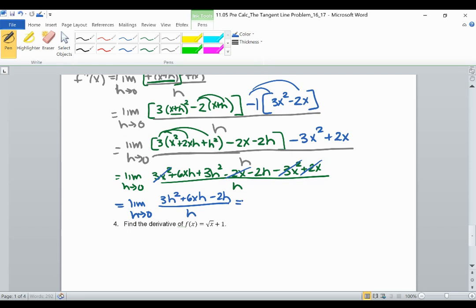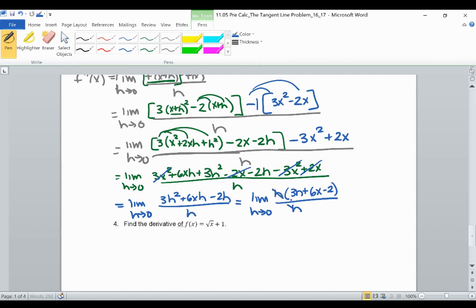And now I can divide up that h from everything. So I'll get the limit as h approaches 0 of, actually, let me continue doing it the way I was doing it. So I was factoring out the h from each. So it'd be h times 3h plus 6x minus 2, over h.